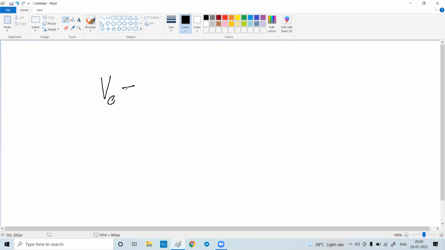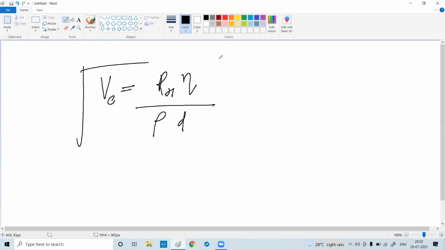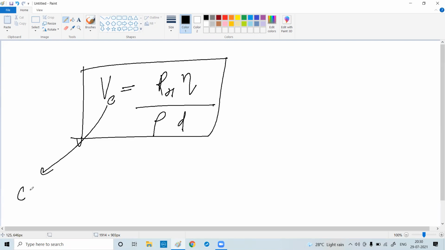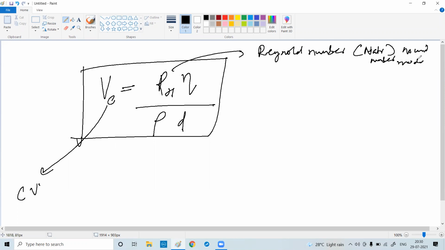What he gave: Vc equals Rh into eta divided by rho into d. This is critical velocity. Rh is called Reynolds number. Basically, it's just a number, a natural number, no unit and no dimension.